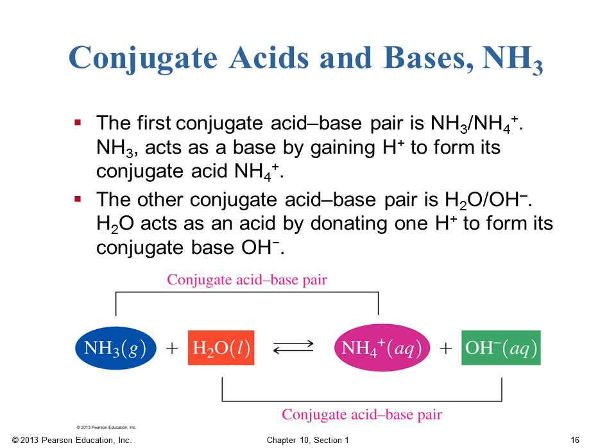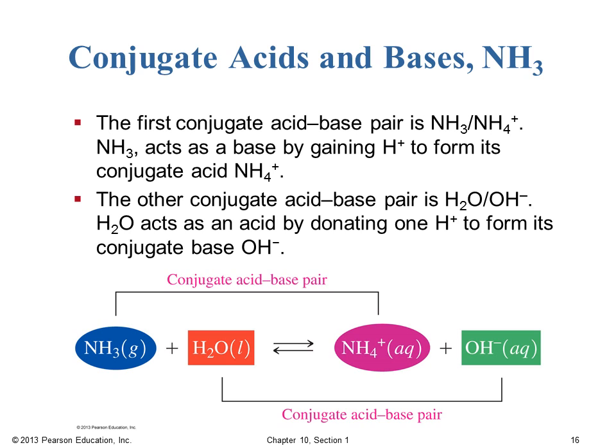We can do the same thing looking at the ammonia. So ammonia is a base, and by definition, it's going to accept an H+. And when it accepts H+, it's going to become NH4+, and that's called the ammonium ion. And when it's in water, the water is going to act as an acid, and it's going to donate its H+ to the ammonia. And what's left over is its conjugate base, which is OH-.